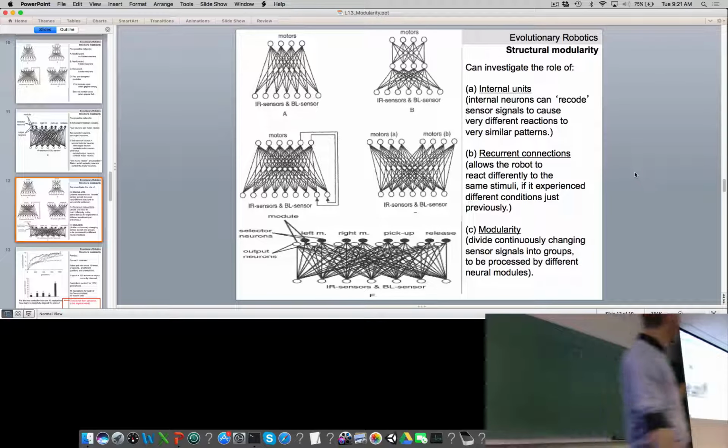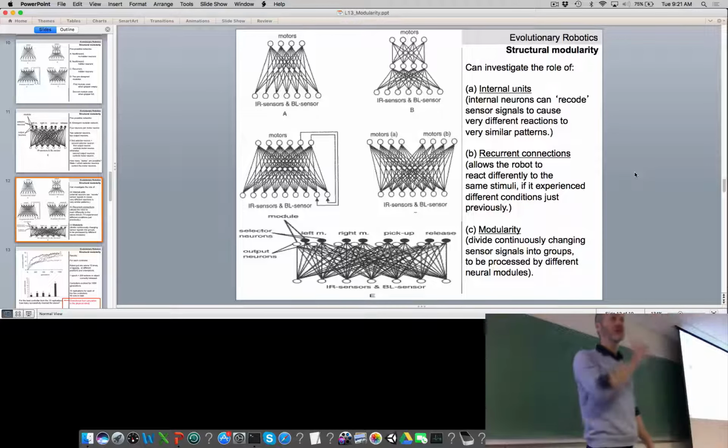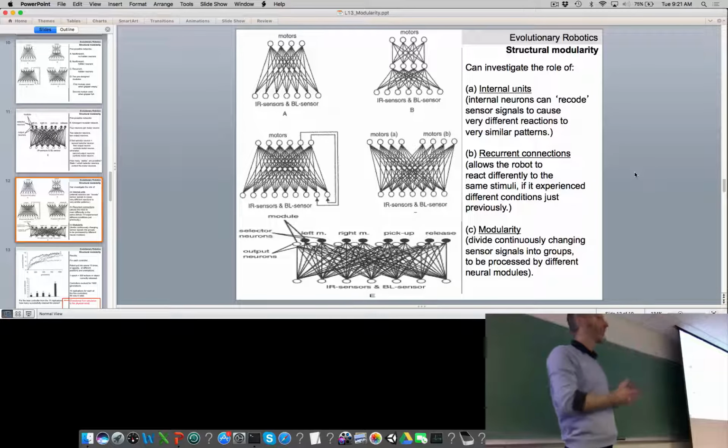Nonlinear. The internal neurons allow for this nonlinear transformation. So if the robots do better with B than they do with A, then that means that nonlinear transformations from sensor values to motors are useful. If the robots do even better with C than either with B or A, so if recurrent connections are useful, what does that tell us about the task? Something that needs a little more memory, right?